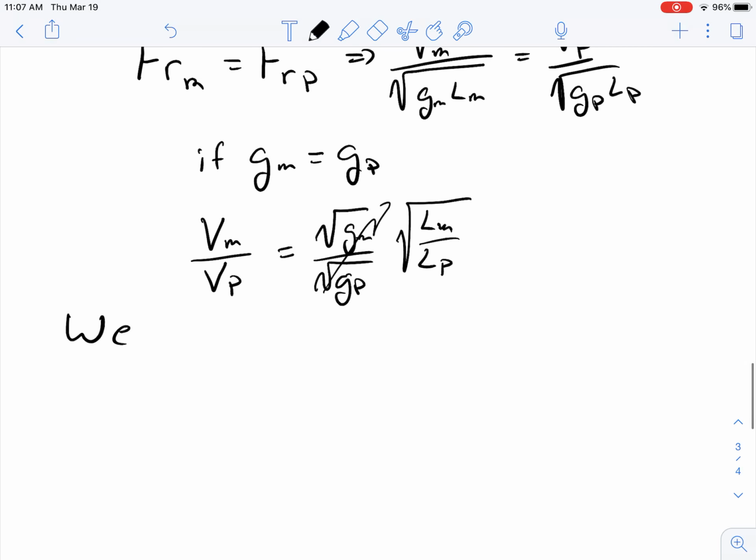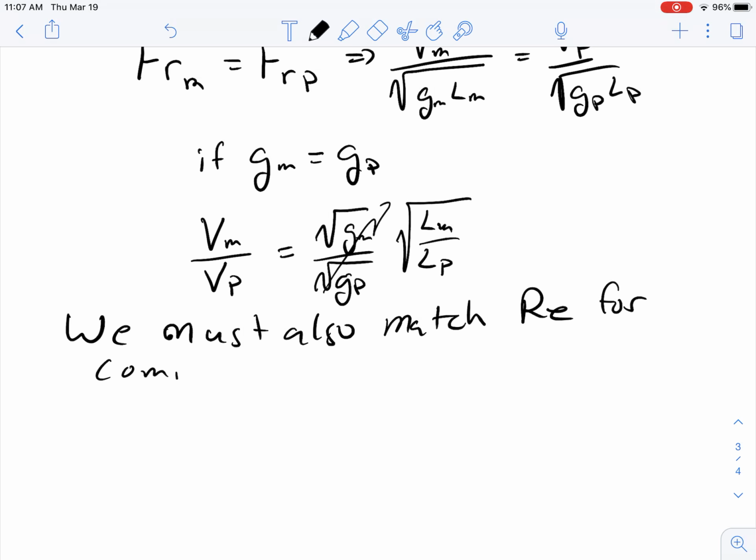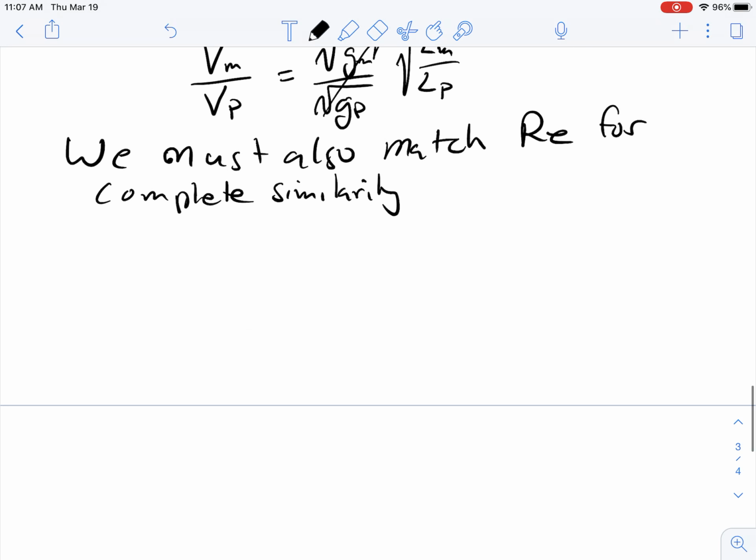However, we must also match the Reynolds number to have complete similarity. This is our dynamic similarity parameter. So what happens if we do that?